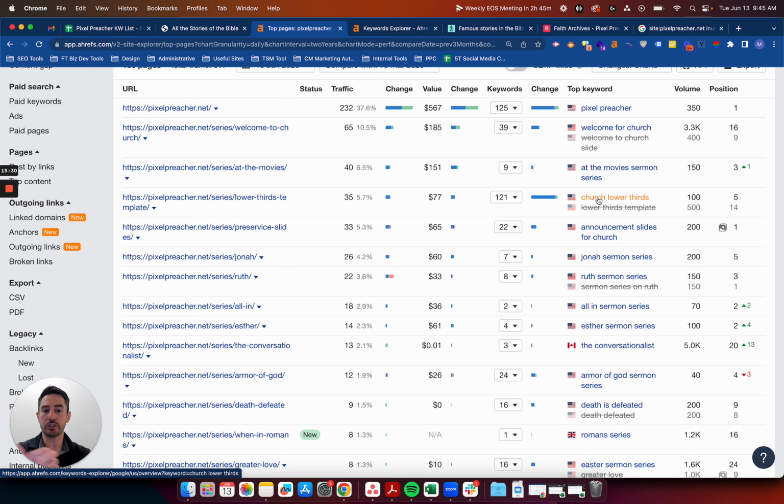So like lower thirds, you might see church bumper graphic or church bumper video, right? And so both from a books of the Bible and categories of topical area, and then also asset types would be another type of modifier I'd consider for the site.